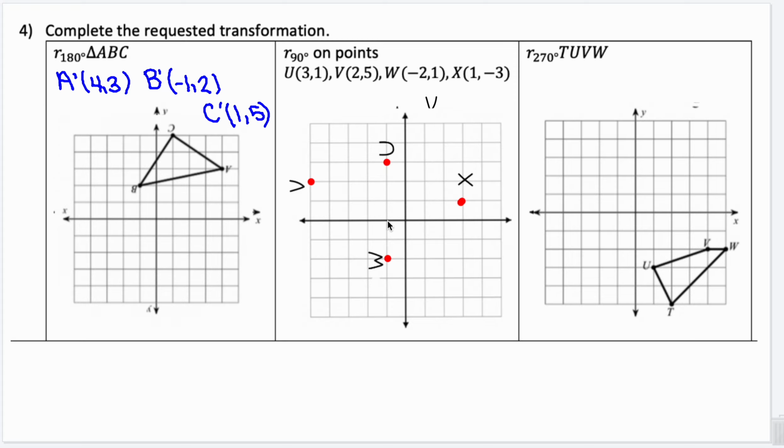So if I want U first, U prime is now going to be at negative 1, 3. V prime is now going to be at negative 5, positive 2. W prime is now going to be at 1, negative 2. And X prime is now going to be at 3, 1.